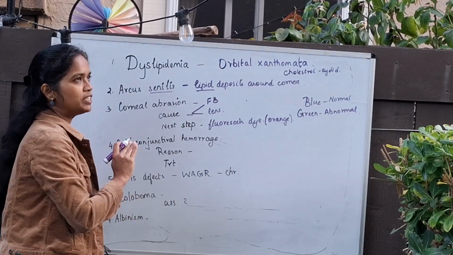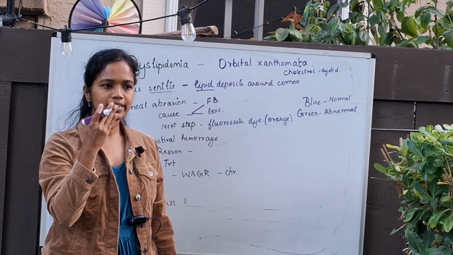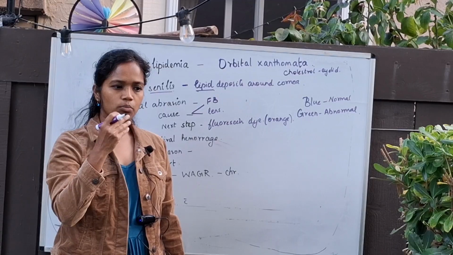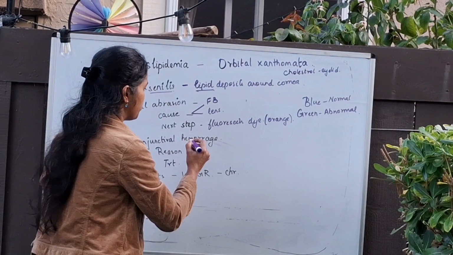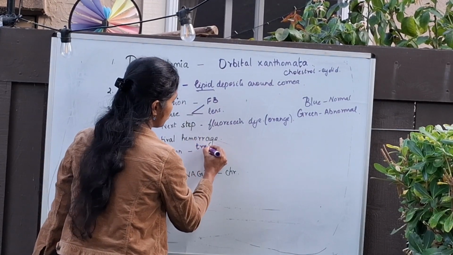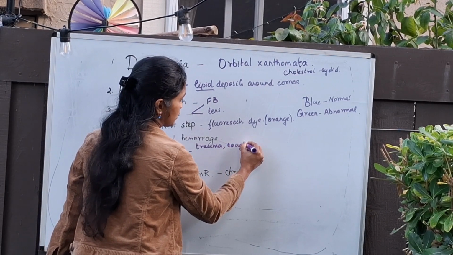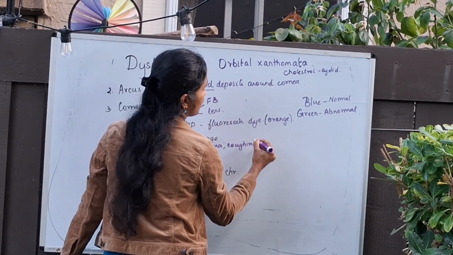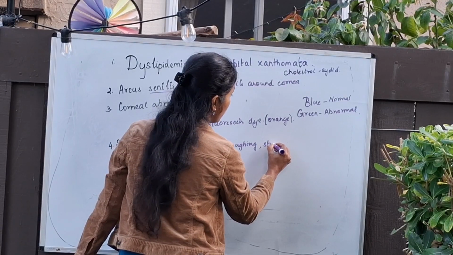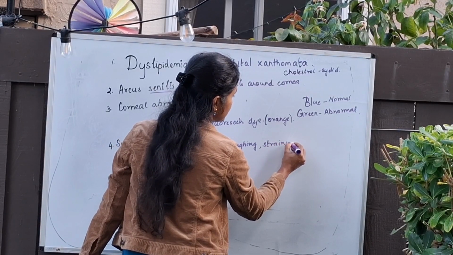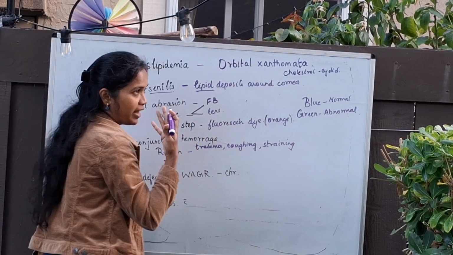What do you know about subconjunctival hemorrhage? Subconjunctival hemorrhage will occur because of any trauma, obviously, right? Or it can occur because of intense coughing. It can also result from straining, vomiting, any reason where there is an increased pressure in the eye.